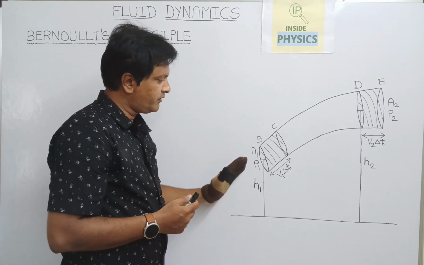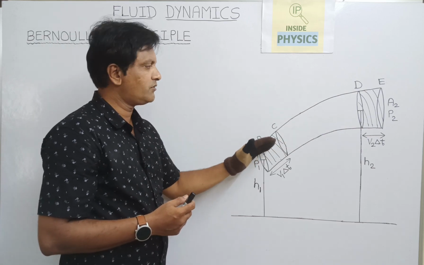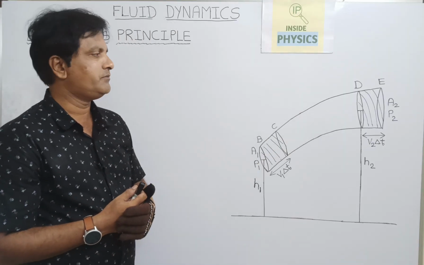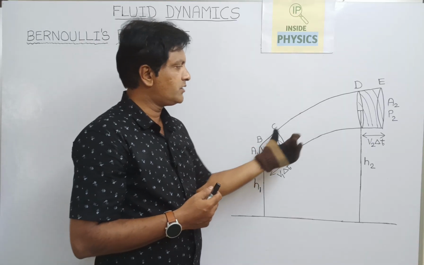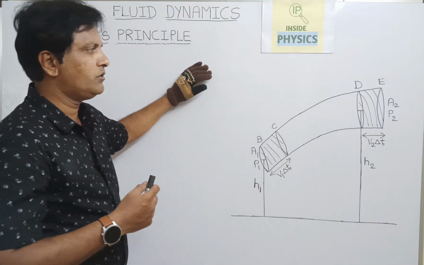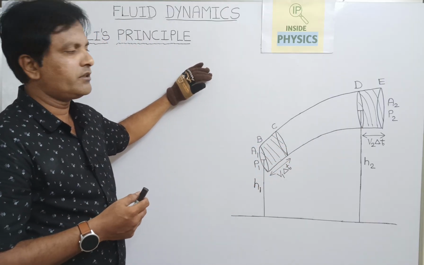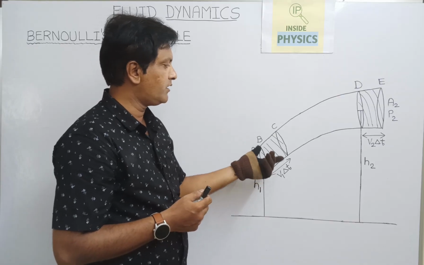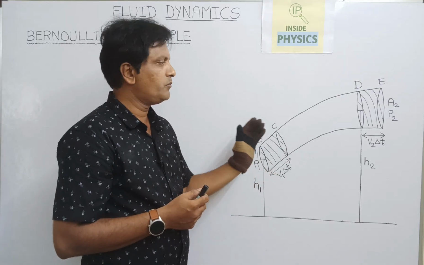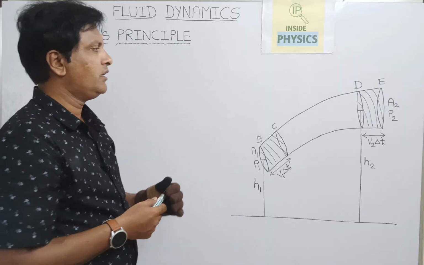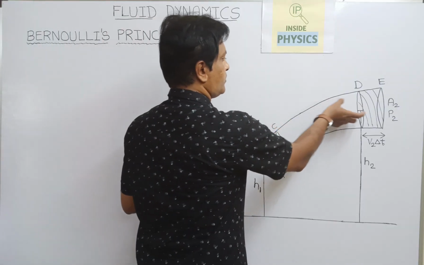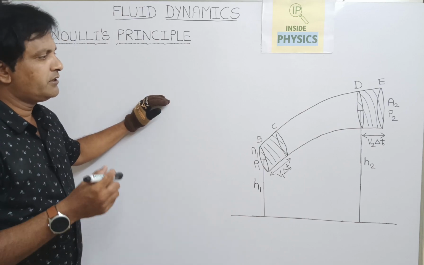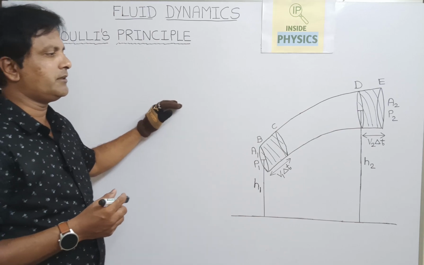The surrounding liquid will push the liquid, and that force creates the acceleration through the pipe. So the variation of velocity through the pipe is according to the principle of continuity. Whenever there is a small cross sectional area, the velocity will be more. So to maintain the equation of continuity, the velocity varies through the pipe because the cross sectional area is also varying.